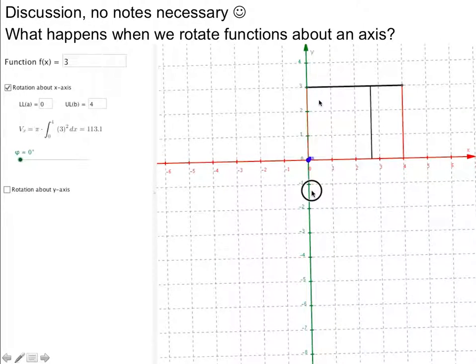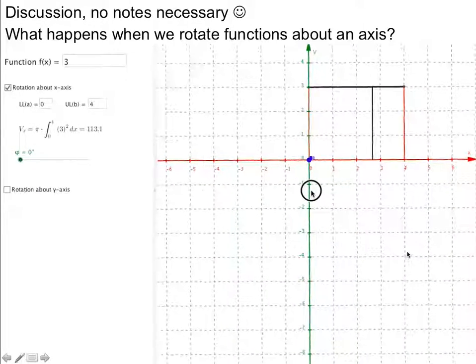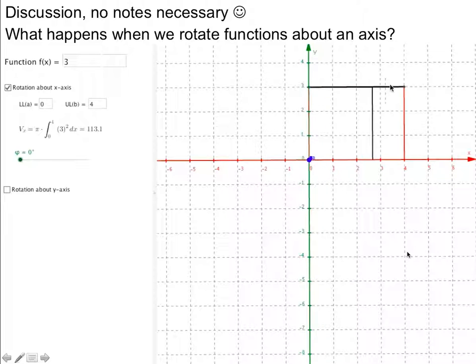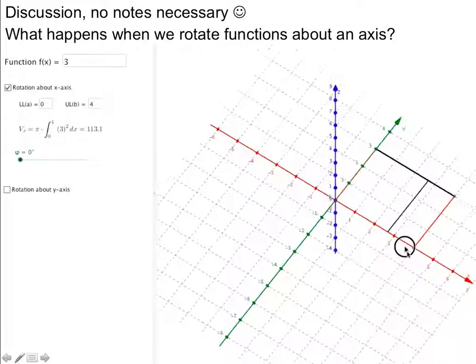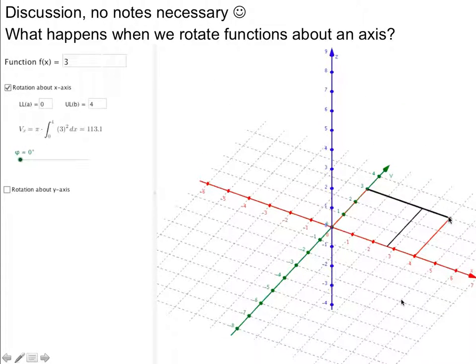So we can see that function in 2 dimensions, like we would graph it on a piece of paper. And then with GeoGebra here, we're allowed to get that 3D model for you to get that picture of what it would be like in 3 dimensions. So we're going to slide the rotation slider. And as we do that, you'll see this volume generated.